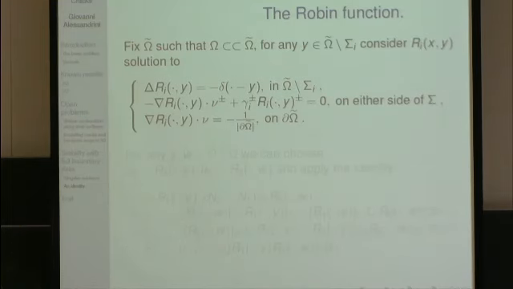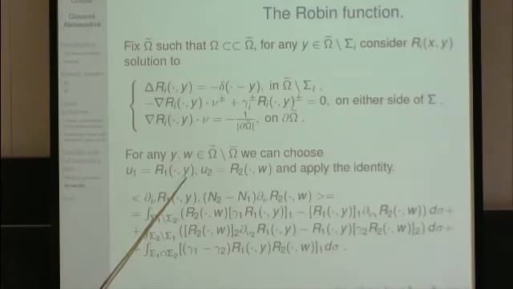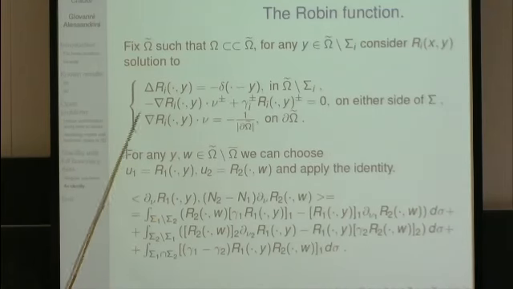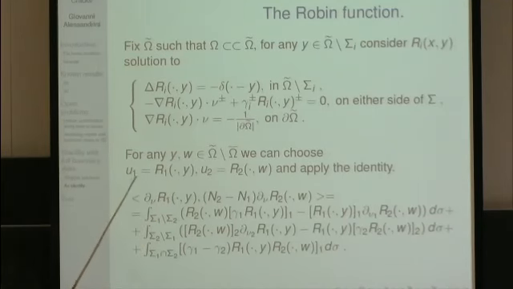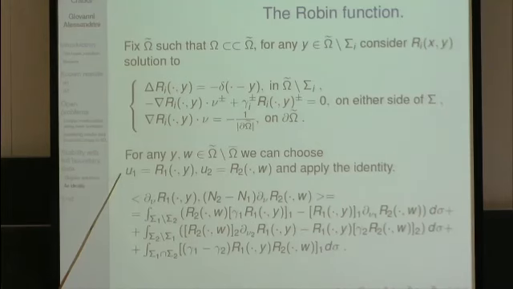And the point is that if I pick points y and w, which are in omega tilde, in the bigger domain, but outside of omega, and I fix the second argument of R1, for instance, this is a nice solution for the crack problem with the crack sigma 1.